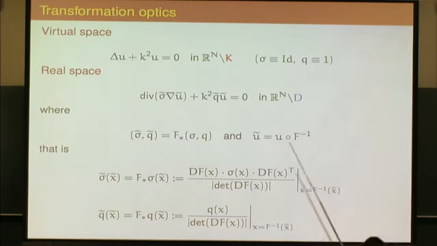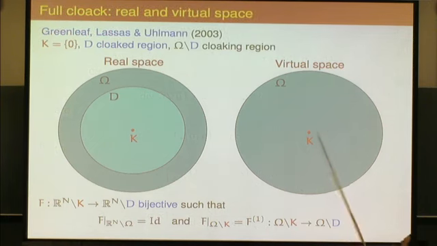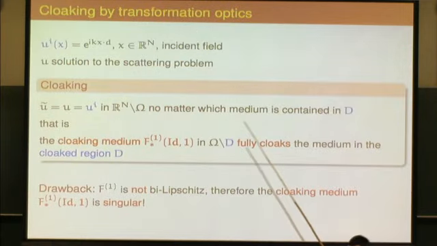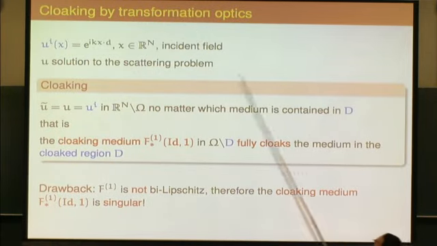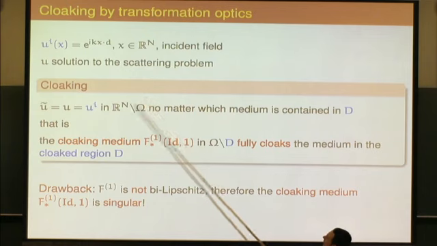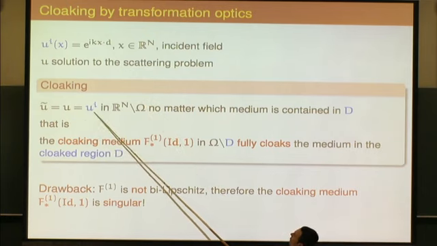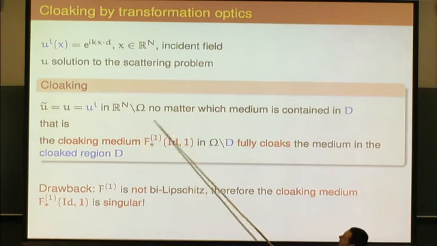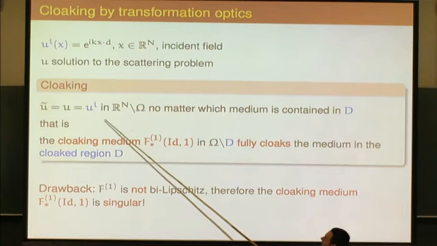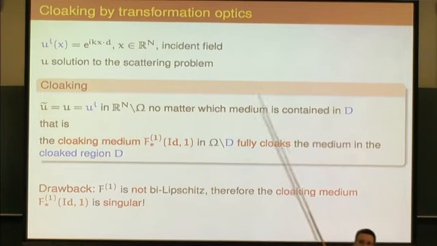And then what happens is the following. If you do a scattering problem with respect to this, it is invisible. So you don't really see anything. And this is telling you that if you send an incident field, then u is equal to ui in Rn minus omega, because the scattered wave is simply 0.